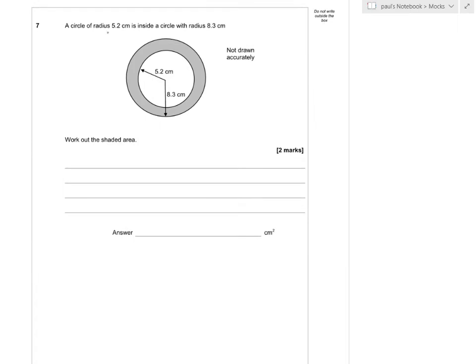A circle has a radius of 5.2 inside a circle with a radius of 8.3. Work out the shaded area. So the area of the whole lot will be pi r squared, and the area of the inside will be, of course, pi r squared.